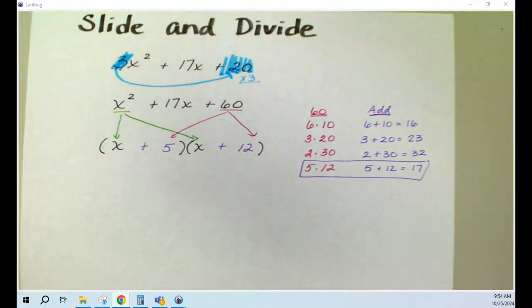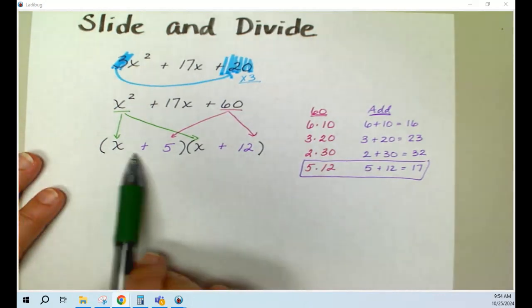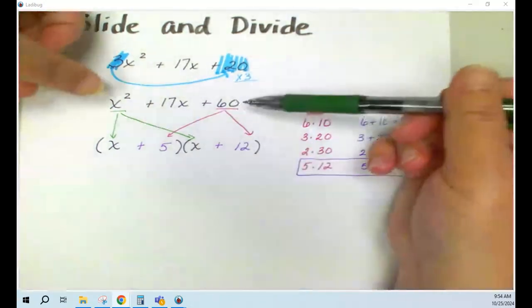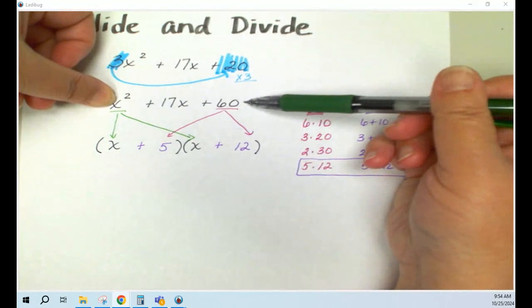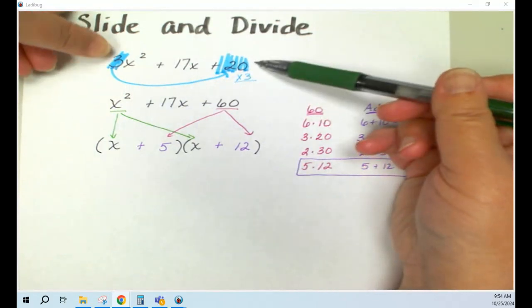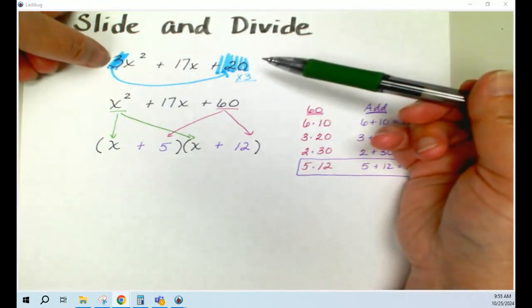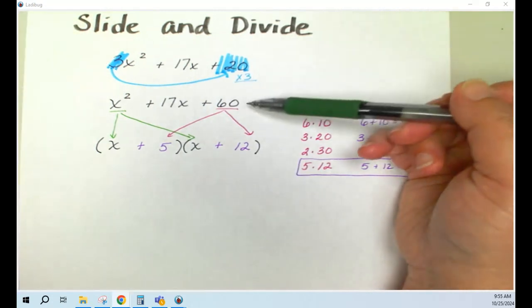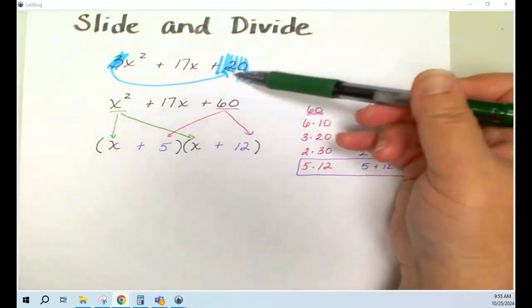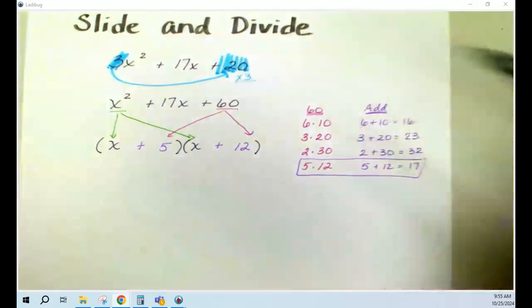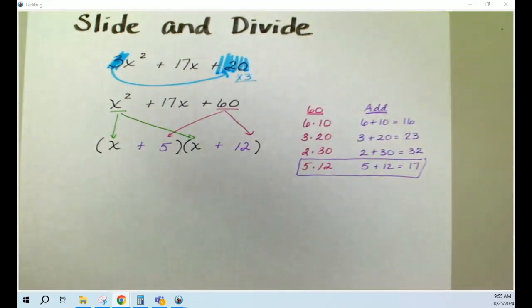Now, this is not our answer, okay? But it's getting us a step closer. So notice that if we multiply this back out, we're going to get this trinomial. But remember, our original trinomial had the 3 sitting out in front of the x squared. And so what happened here is, remember, we multiplied by 3. So now we got to get rid of that 3.